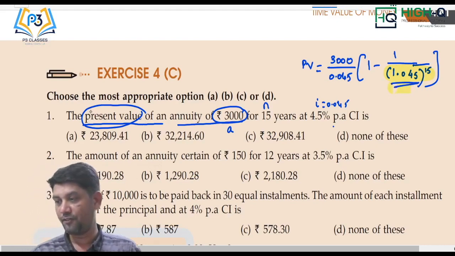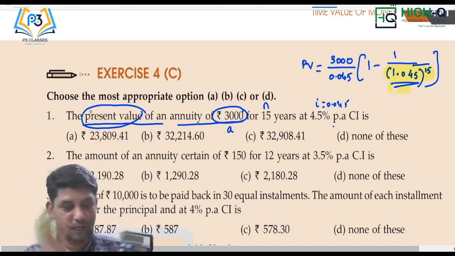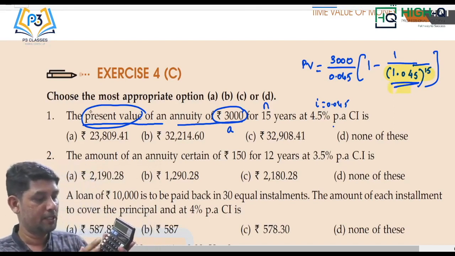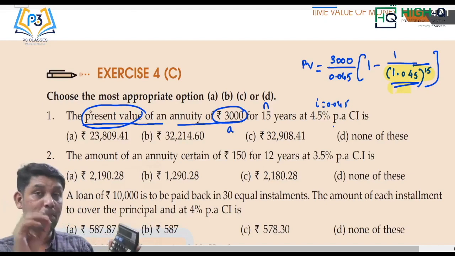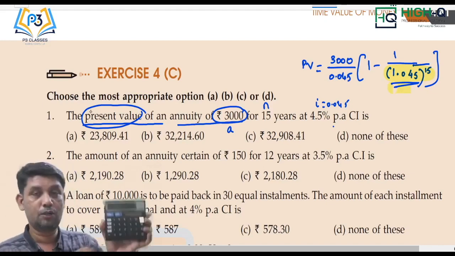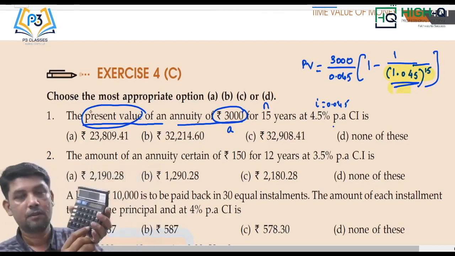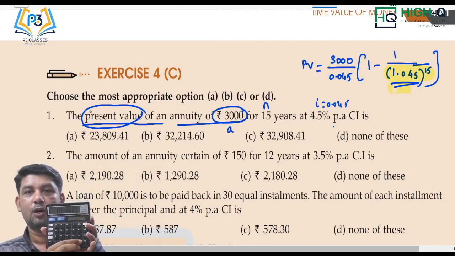If I'm using the calculator directly, we can complete this problem. First, I always start from 1.045 whole power 15. What I do is press multiply and equal to, that means square. Another time equal to, cube.